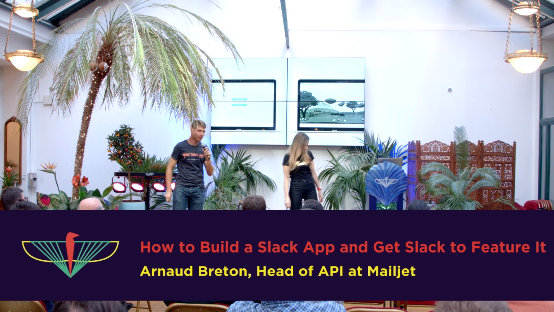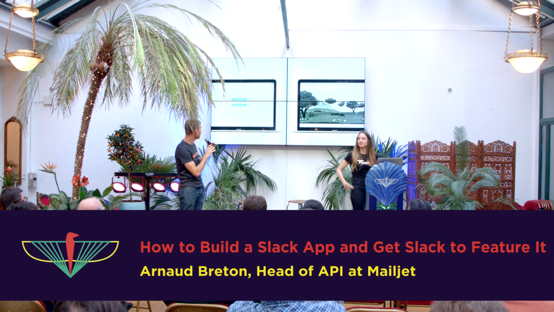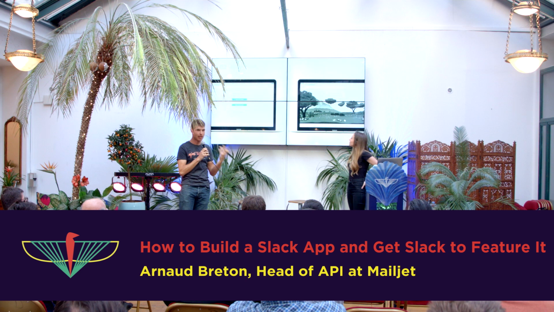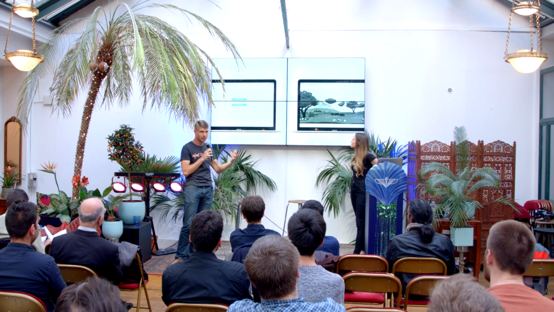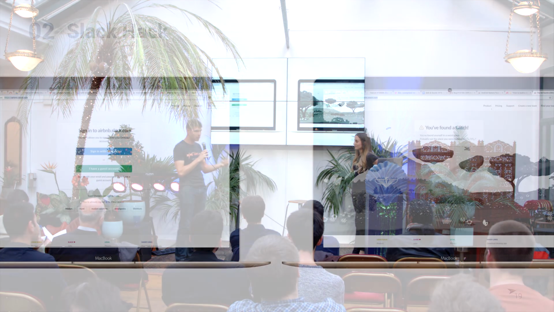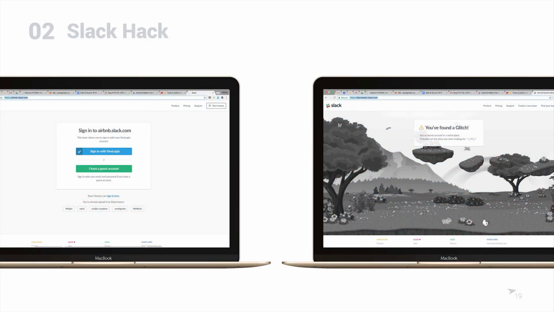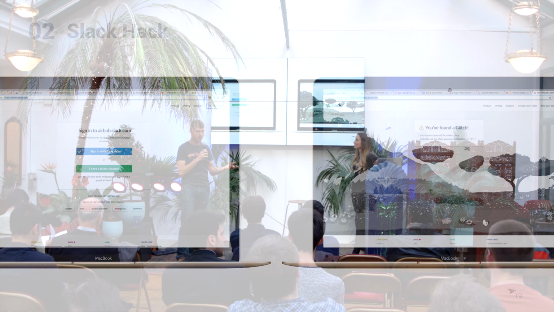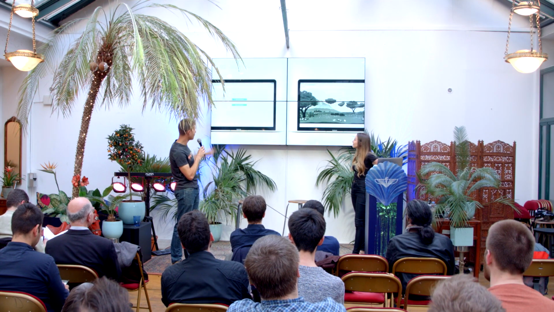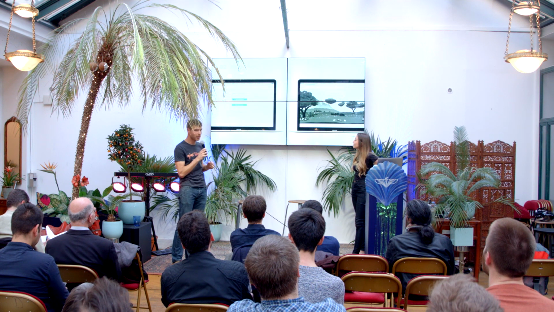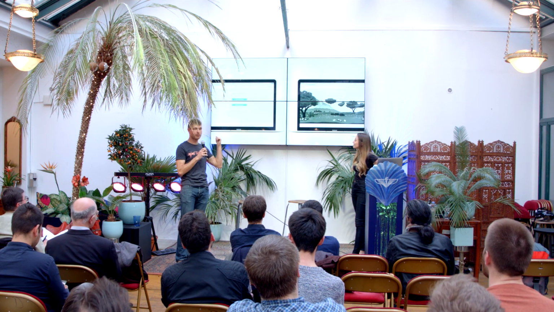Yeah, so just figured this out. Every time you create a Slack team, they give you a unique username. So for us, it's mailjet.slack.com. It's a public page. You can visit it. You will be asked for a single sign-on with our Google Apps domain. But if you repeat that operation for different domains, so if I tried Airbnb on the left, you can figure out that Airbnb is a Slack customer because I'm asked for a single sign-on as well.